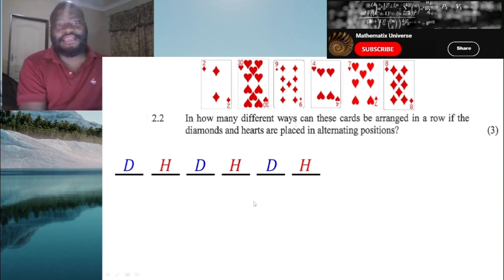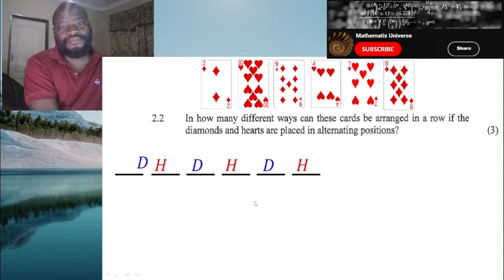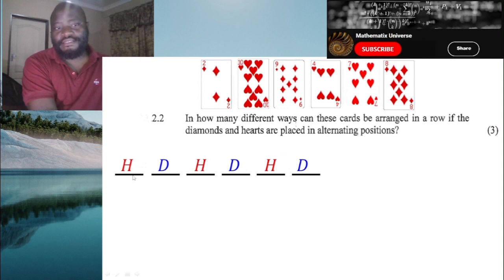But then there's another configuration of these D's and H's. We can have this situation where the H's are in the first position, the third, and the fifth position.